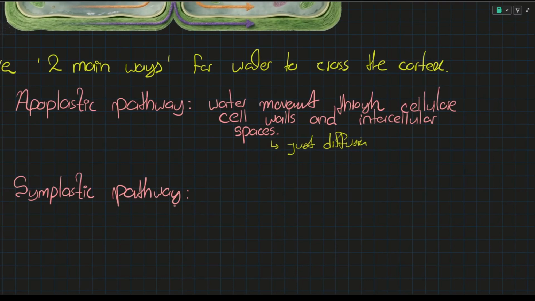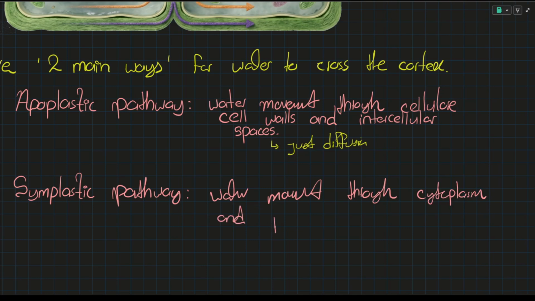Let's look at what happens during the symplastic pathway. This is the movement of water through cytoplasm. Through the cytoplasm, and here's a new term for you: plasmodesmata.